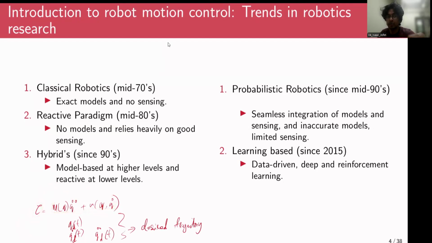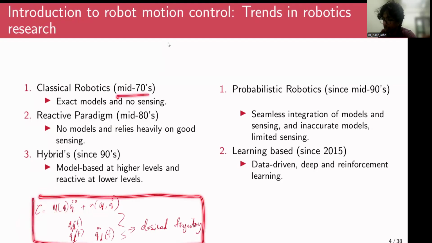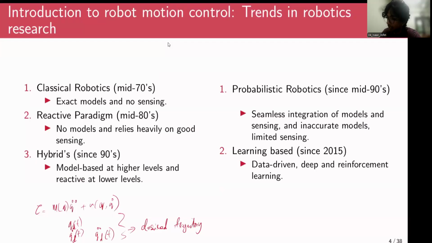That is what we would be supplying into the motors. And this is what we were using during the mid 70s. Here we were using the exact models and no sensing.